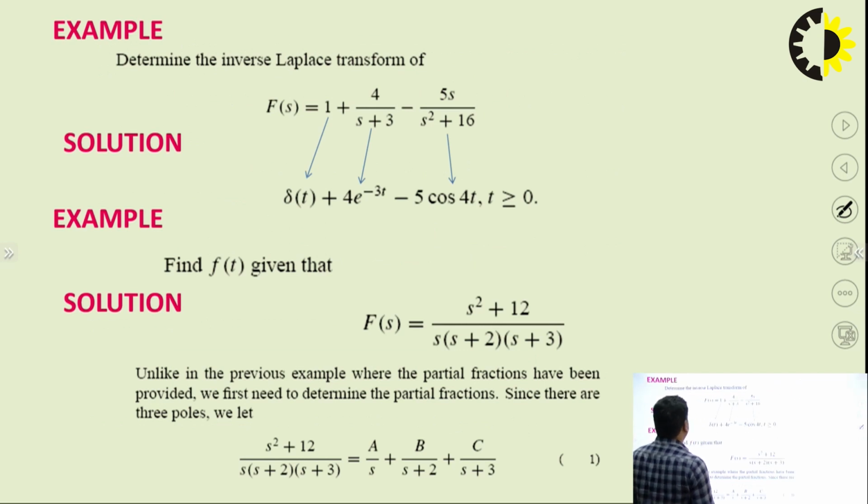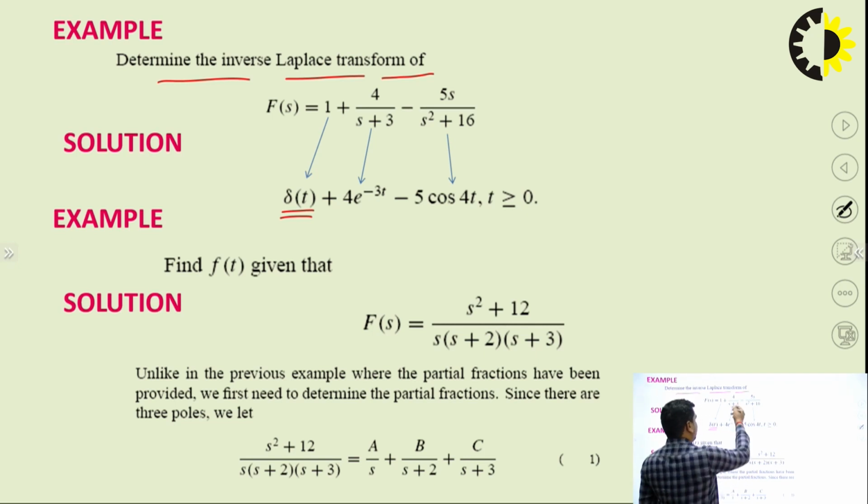Here, determine the inverse Laplace transform of a particular function by using properties. If we have the constant value 1, it is the Laplace transform of delta t. We can get this only by seeing the expressions and using properties.